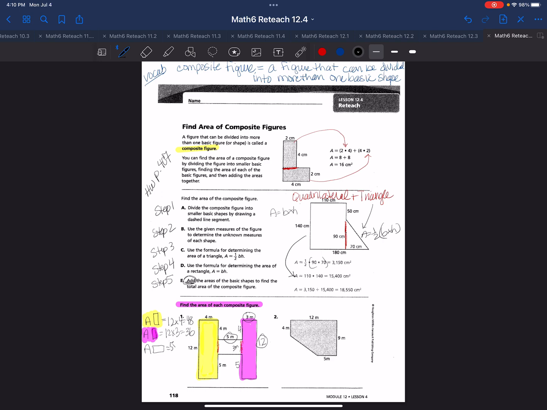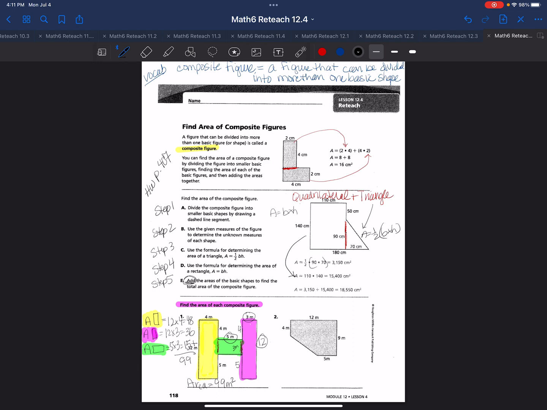So then I would have 5 times 3 is 15. Then I need to take the sum of all 3 of those, which is 99. So this is the last one here. So I know the area of my composite figure is 99 meters squared of that entire shape.